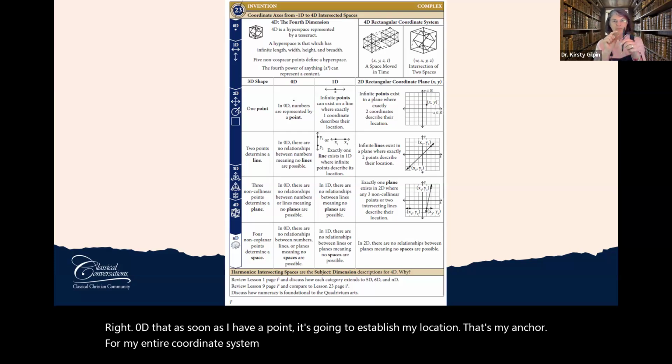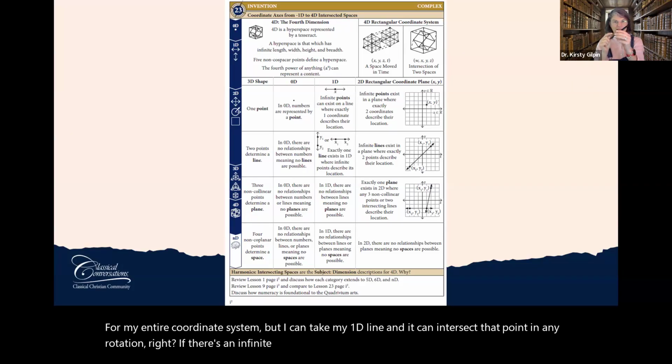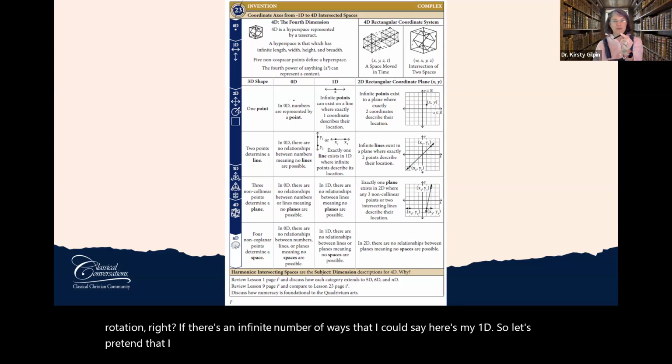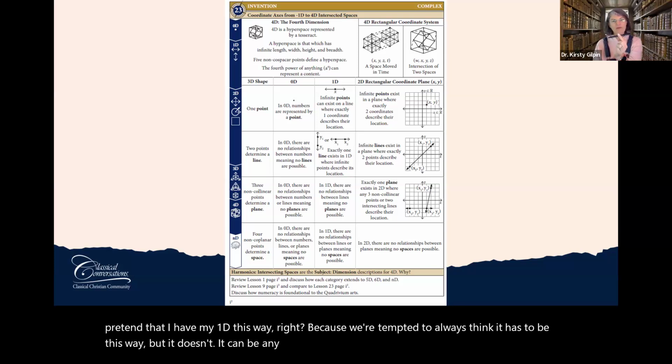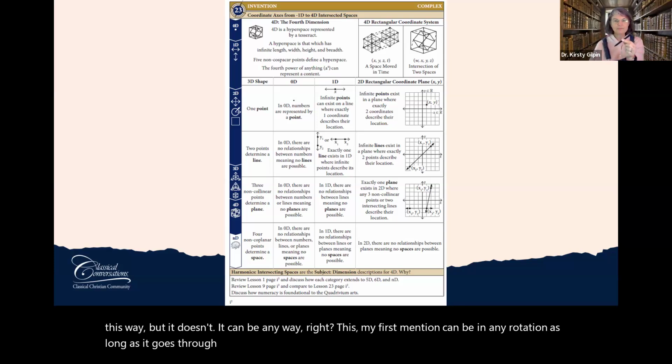But I can take my 1D line and it can intersect that point in any rotation. There's an infinite number of ways that I could say, here's my 1D. Let's pretend that I have my 1D this way, because we're tempted to always think it has to be this way, but it doesn't. It can be any way. My first dimension can be in any rotation as long as it goes through that point.